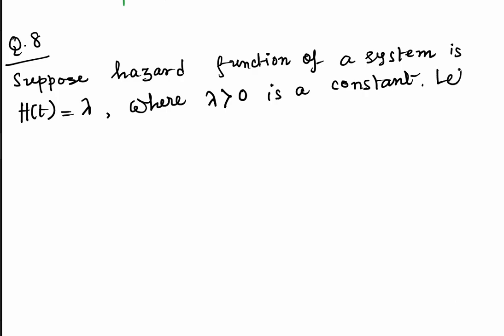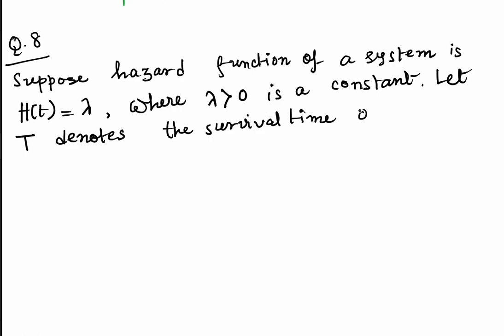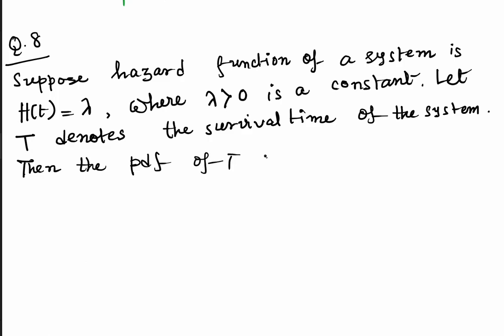Let T denote the survival time of the system, then we have to determine what the PDF of T will be.